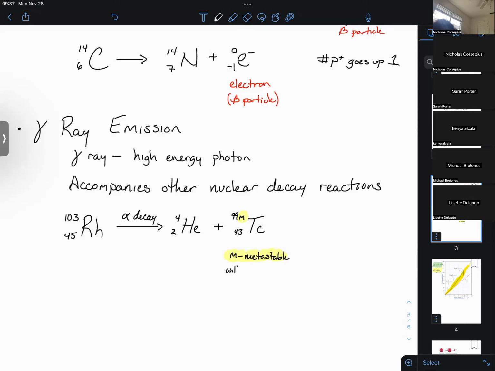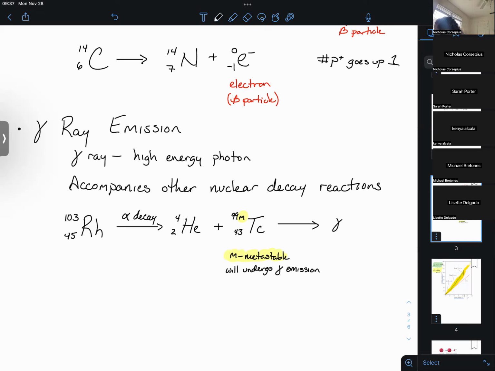Meaning it will undergo, not beta, sorry, gamma emission. Right, so first is the alpha decay. Gamma ray emission accompanies these other types of emission, but what we get is this unstable or metastable nucleus of technetium, which will then further undergo a gamma emission.